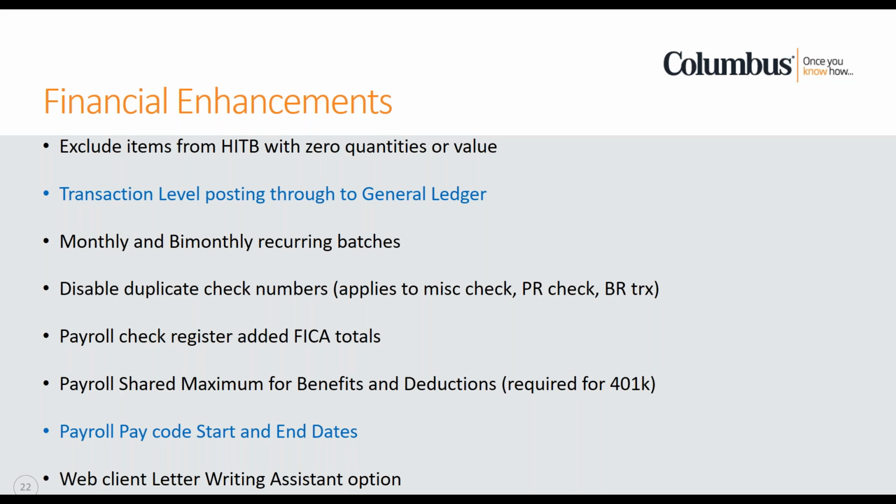And also there are some laws that require the shared maximum calculations for benefits and deductions. So for example, 401k, if your company participates in a 401k plan, there are some requirements around the shared maximum amounts for benefits and deductions. And so payroll will handle that now in R2.